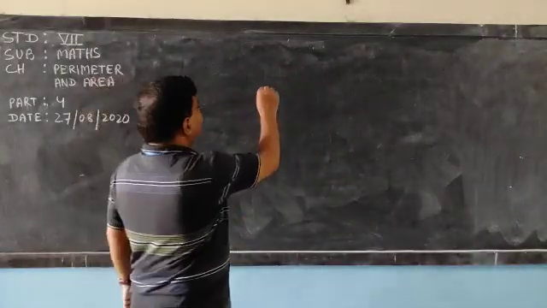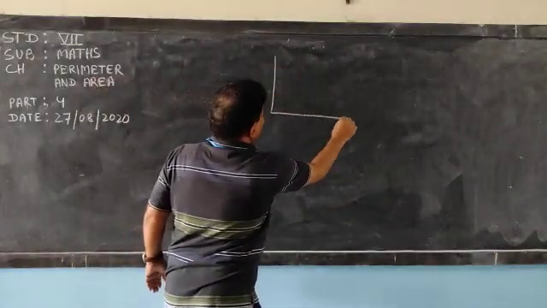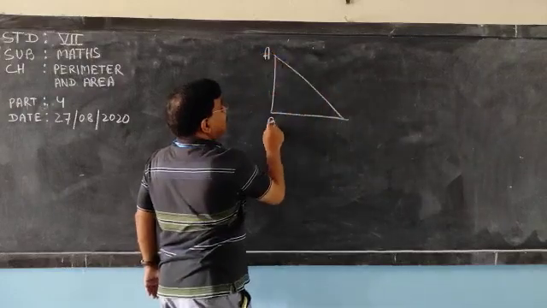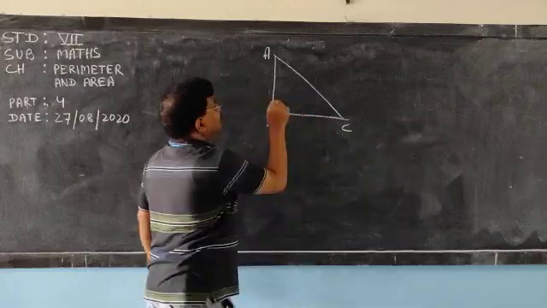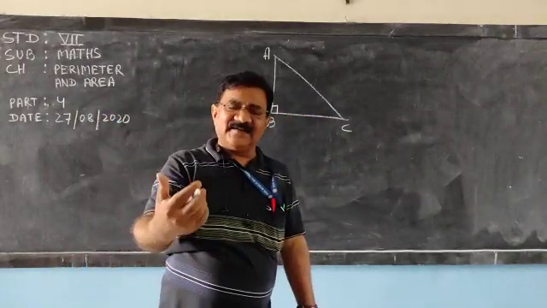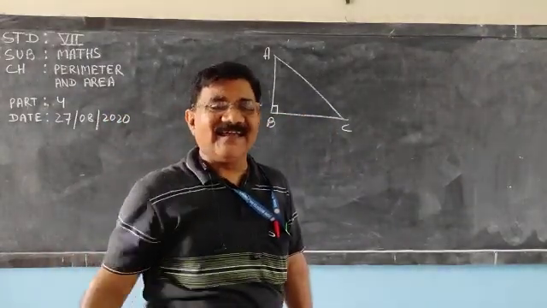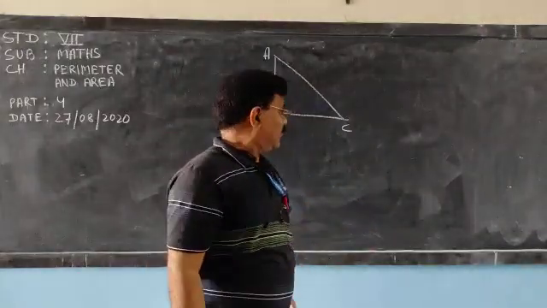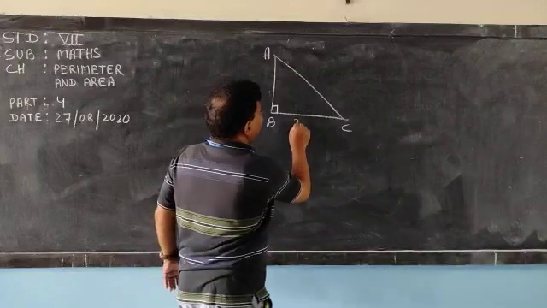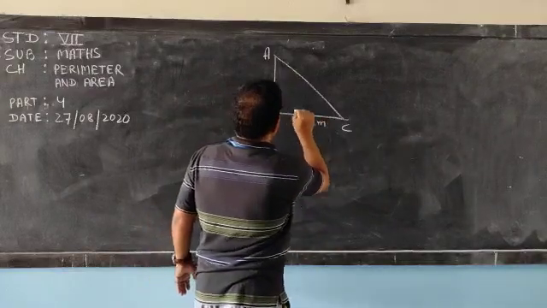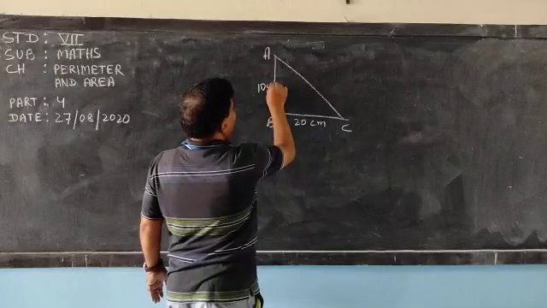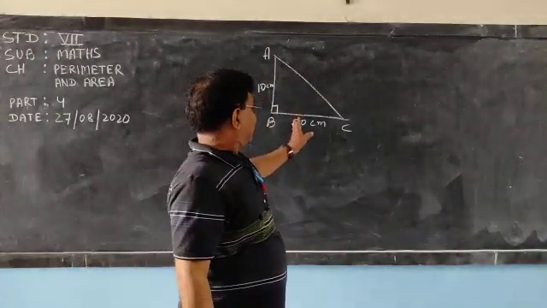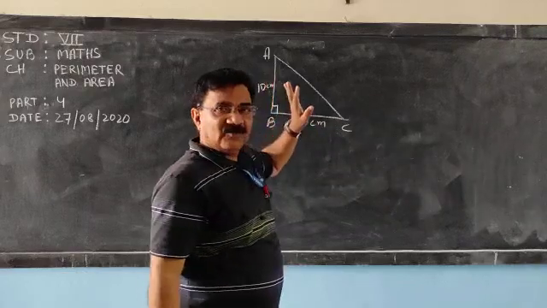Now suppose this is a right angle triangle ABC, and this is the sign of 90 degrees. A triangle whose one angle measures 90 degrees is called a right angle triangle. Suppose this side is 20 centimeter and this is 10 centimeter, and you are asked to find the area. Dear children, this is the base, this is the perpendicular.